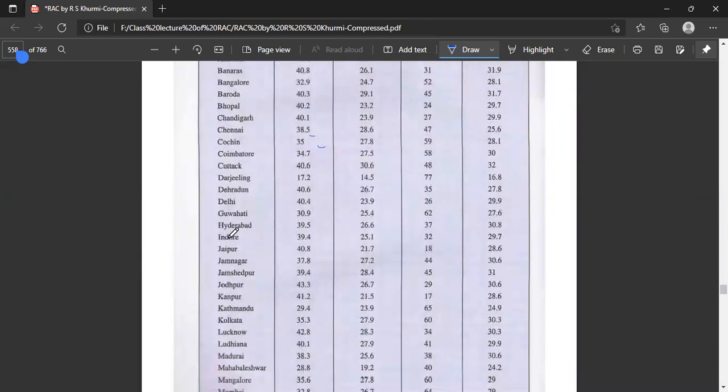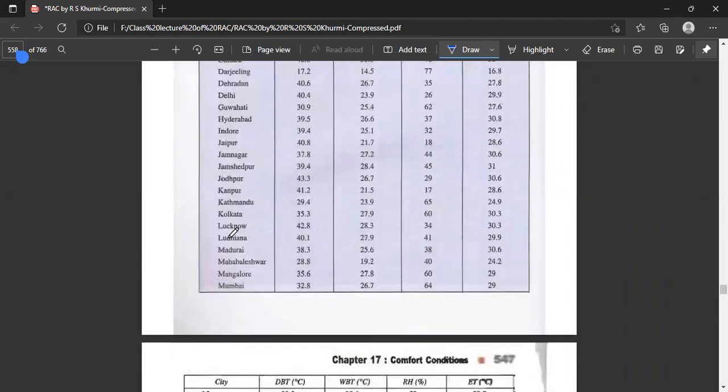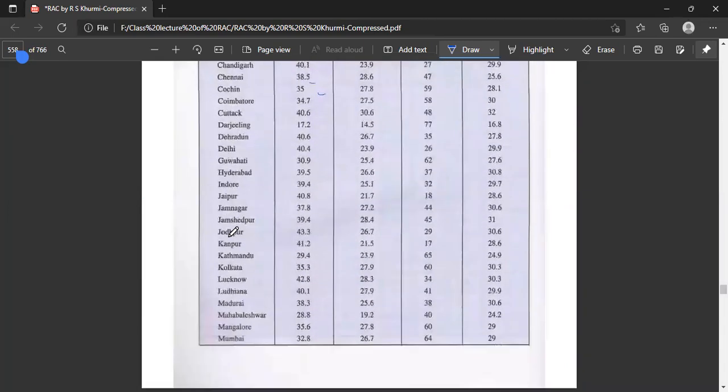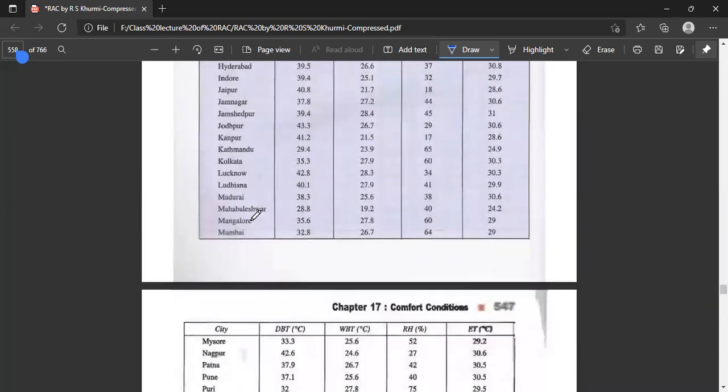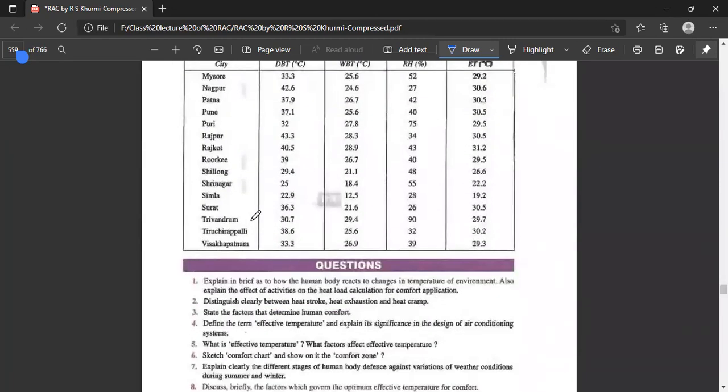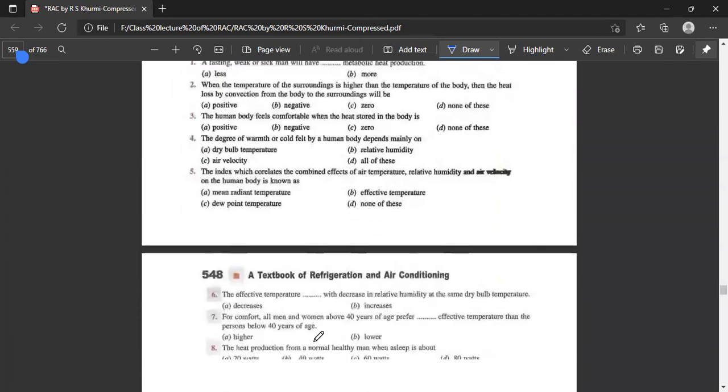And so many variations are there. Rajasthan and Western India carry a higher amount of heat, in terms of northern heat, and the same is the case with wet bulb temperature and relative humidity. Next, this is more or less the discussion about the comfort conditions.